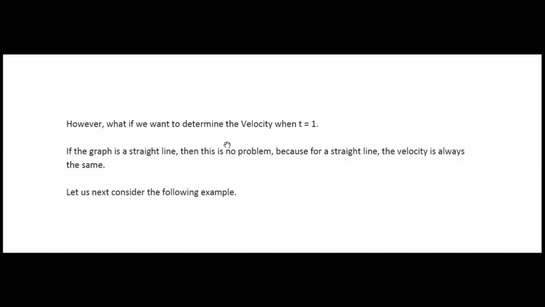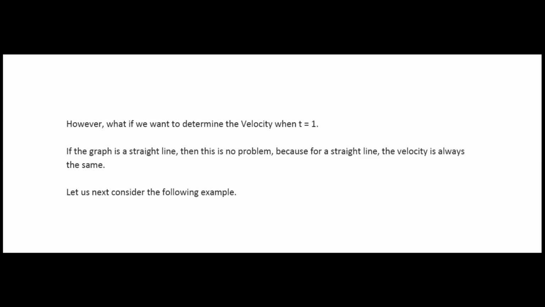However, you're not here to find average velocity because you know that from previous courses, maybe as far back as elementary school, certainly middle school. What we're interested in is determining the velocity at some time during that trip.